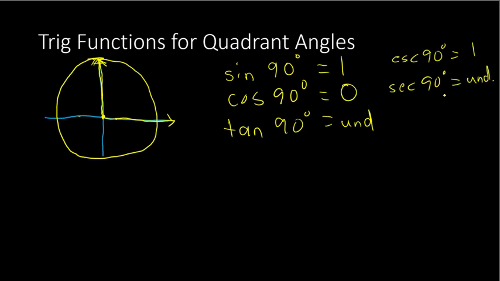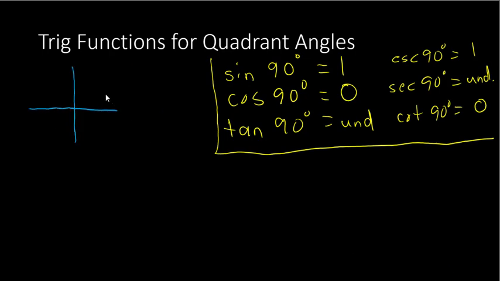And then the cotangent of 90, that would be the inverse of this, which, if tangent is sine over cosine, cotangent is the inverse, which would be cosine over sine. That would be 0 over 1, which would be 0. All right, so now we have all this for 90 degrees.